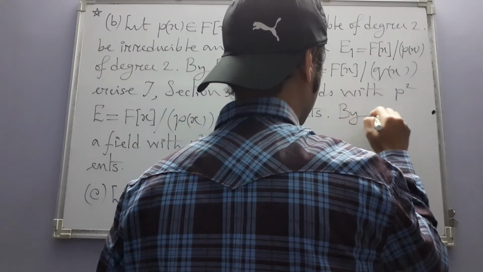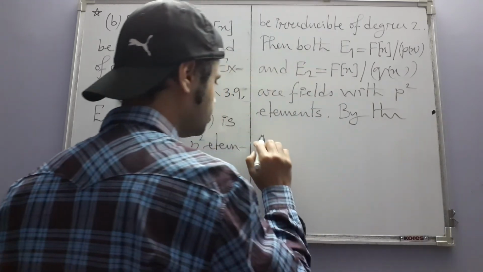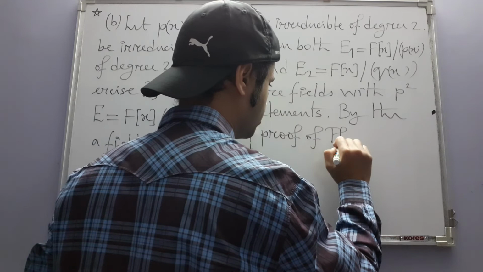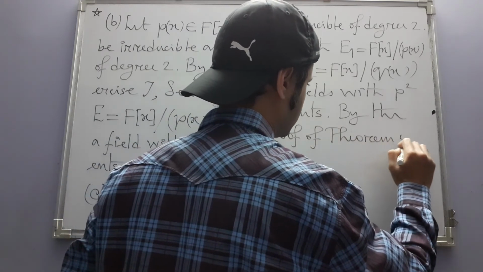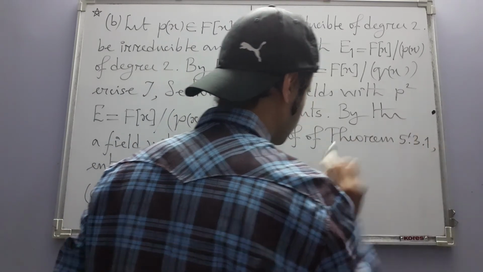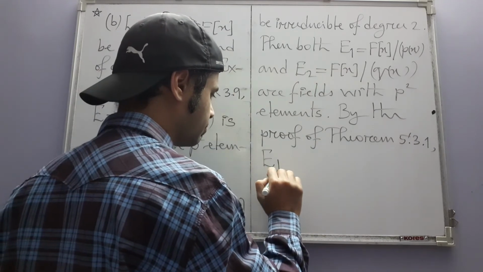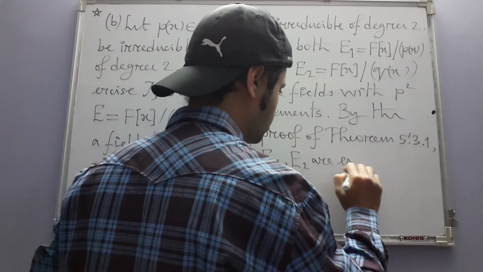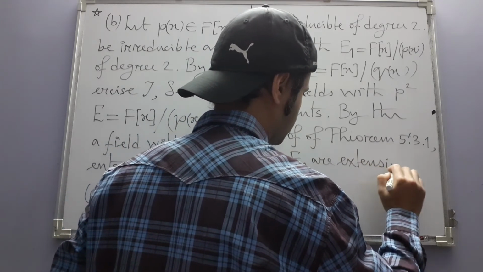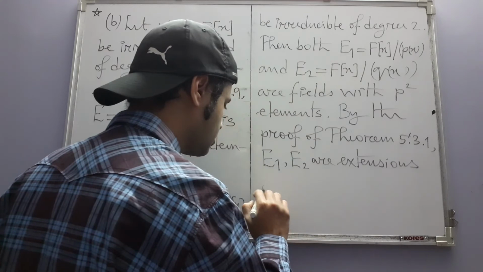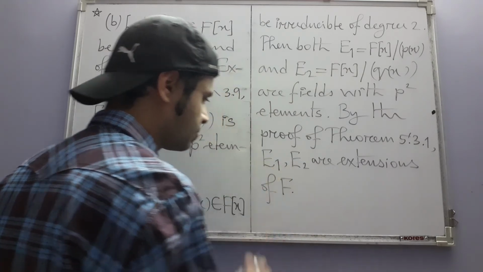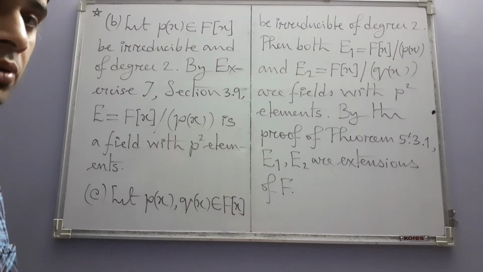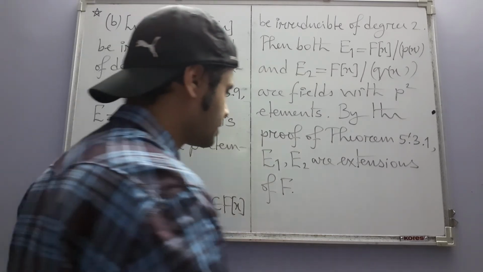By the proof of theorem 531, E1 and E2 are extensions of F. Okay. Now we are going to consider a polynomial over F, this particular polynomial.